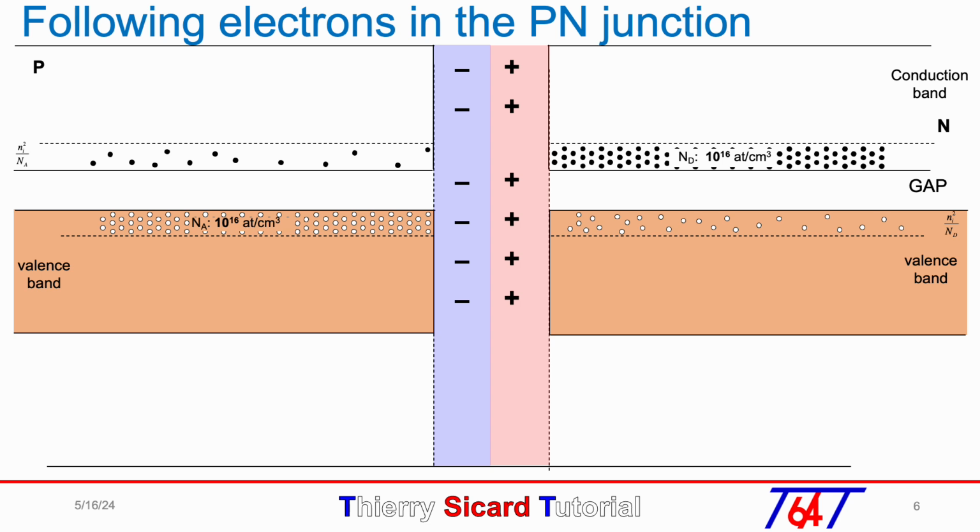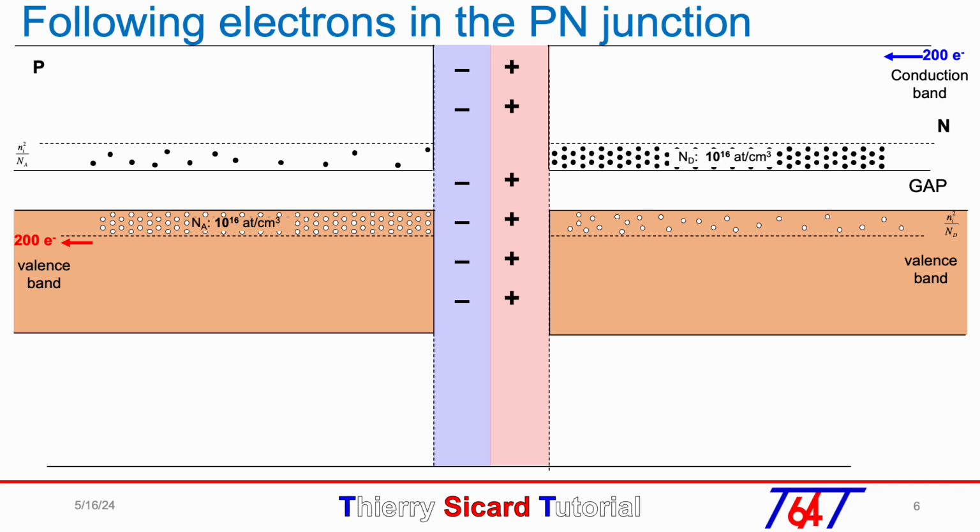If we decide arbitrarily that 200 electrons in blue arrive on the N side in the conduction band, after crossing the p-n junction, we should find the same 200 electrons in red getting out on the p side in the valence band.